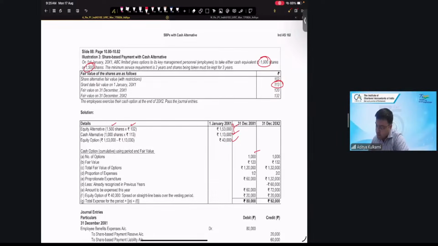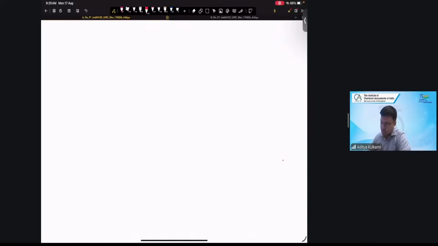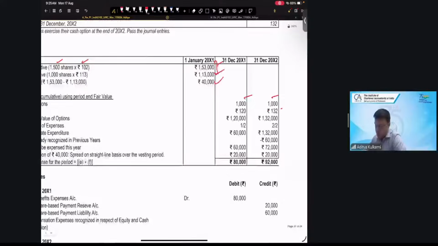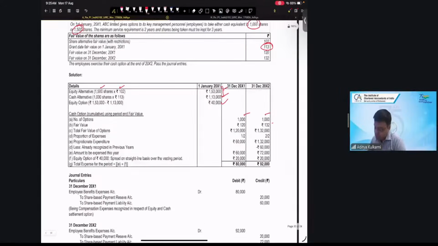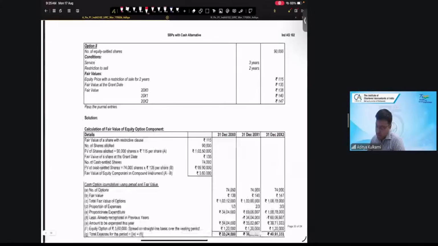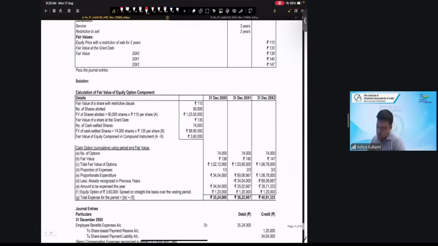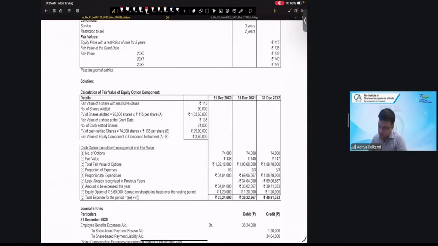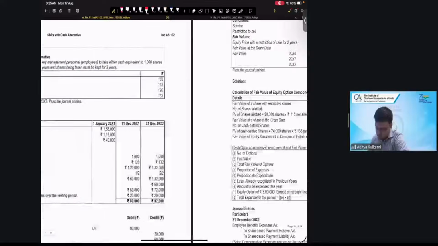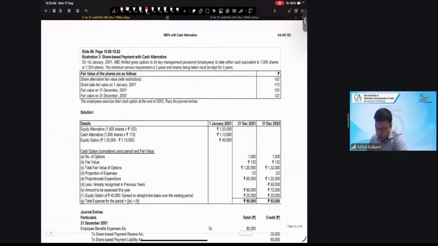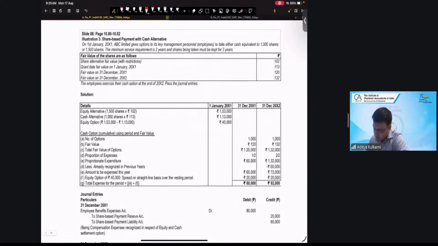Number of options 1,000. Fair value 120, 132.